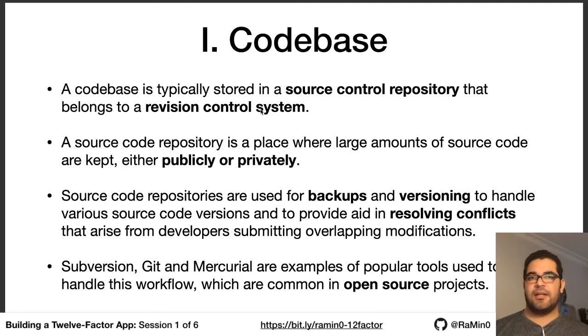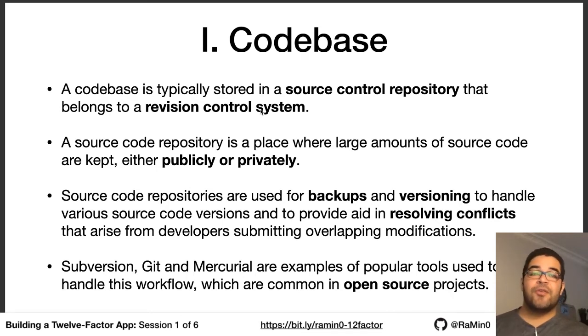And I guess you already have heard about some of the services over there that provide this kind of functionality for revision control systems. And what I mean by public or private is that even companies that worry about their code not being exposed to the outside world can use these kind of services to store their code safely without worrying about it leaking outside. So this is what I mean here by privately keeping a source code repo.